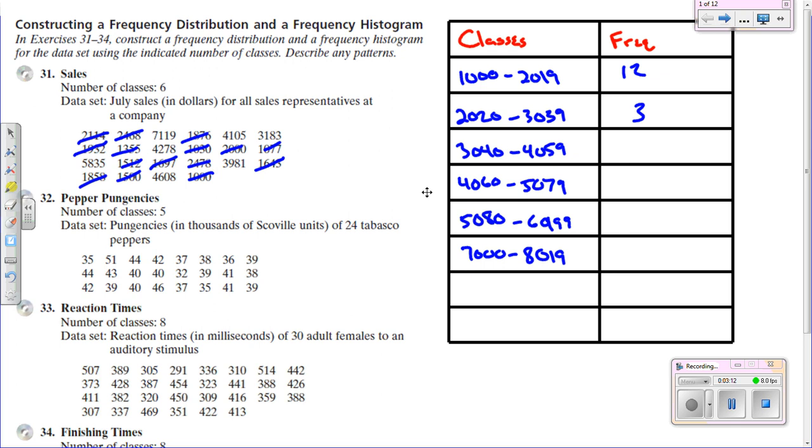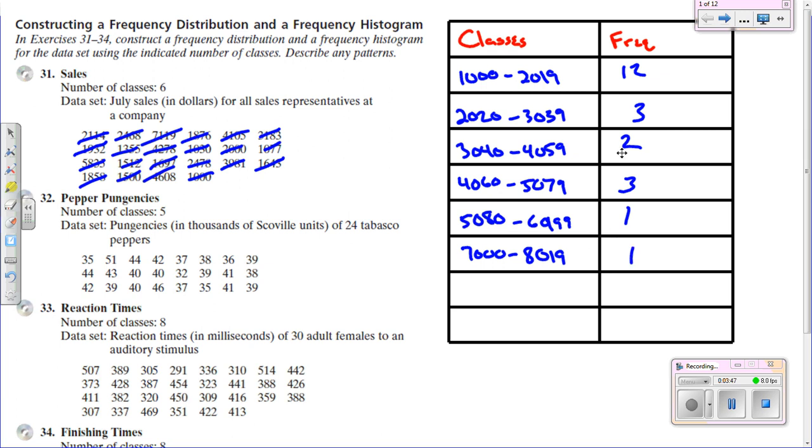Between 3040 and 4059, 1, 2. 4060 and 5079, 1, 2, 3. 5080 and 6999, 1, and then the last one would be there.